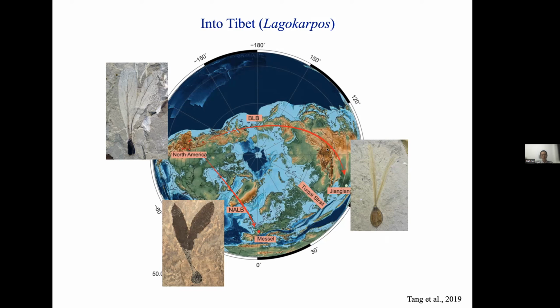So it's an extinct group. Until now, we don't know which family it belongs to. But anyway, according to the fossil records, we found this group may originate from North America and then spread to the Tibetan region and to Europe.